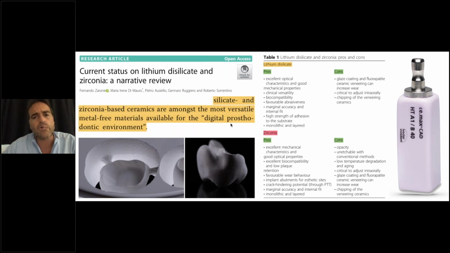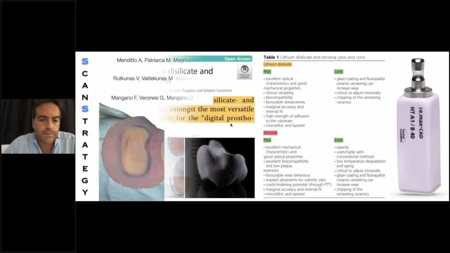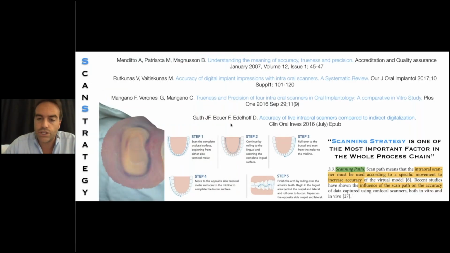And we will see how we can utilize lithium disilicate, zirconia, or PMMA according to the clinical situation that we have to face. Of course, the combination of the material is also together with the technologies.